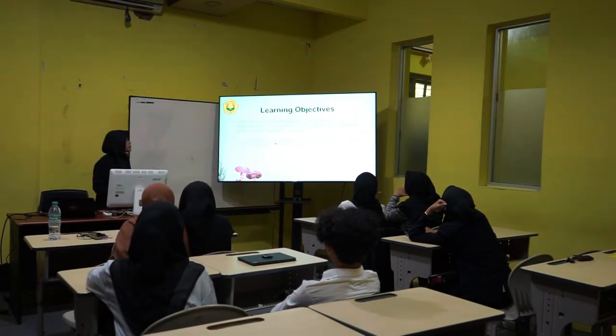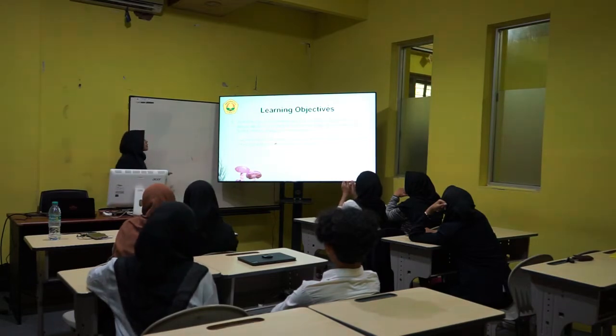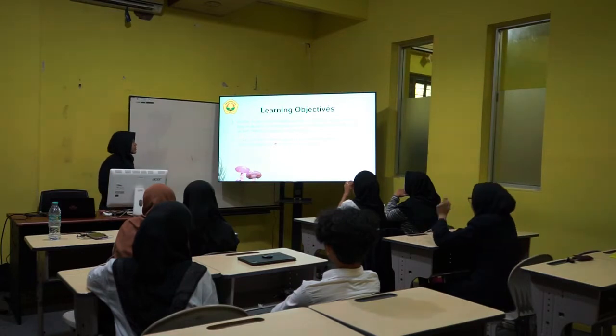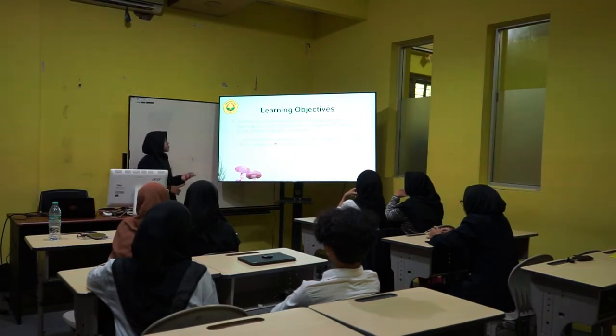Our learning objectives today consist of two parts. First, students will be able to understand the general characteristics of the fungi kingdom, the types of classification based on morphology and reproduction, and describe the body structure of fungi from various groups.